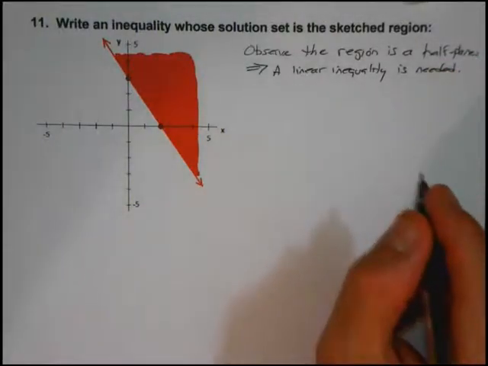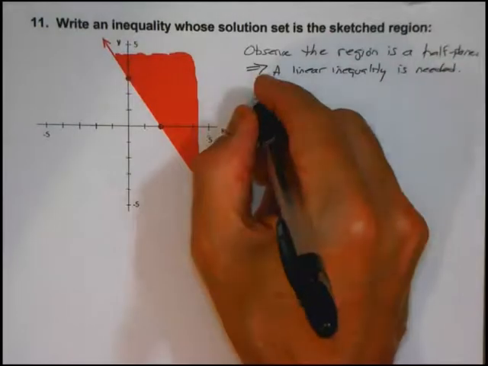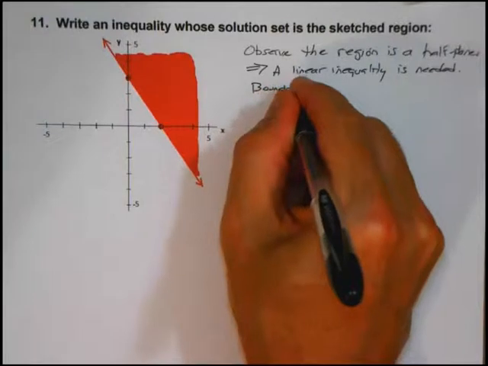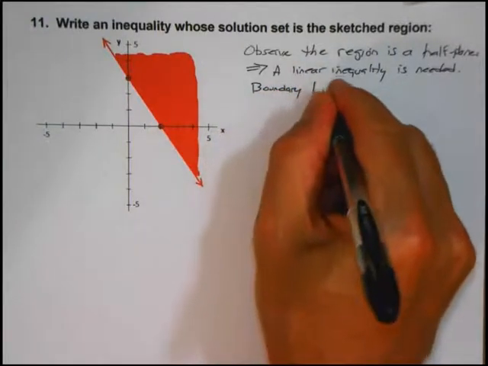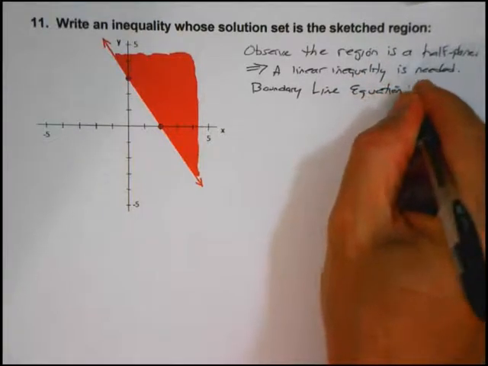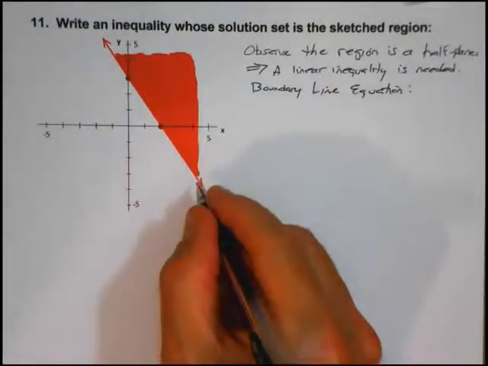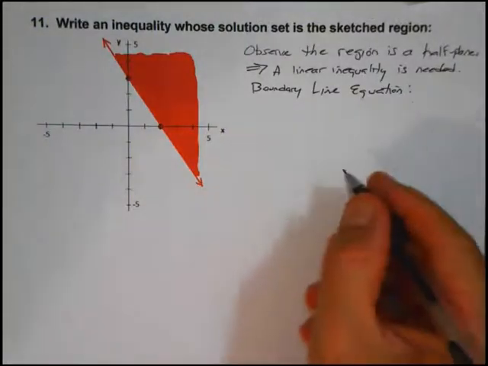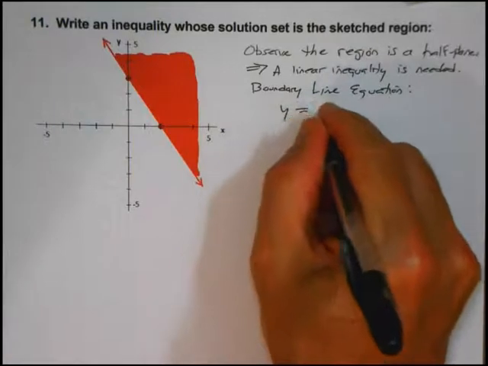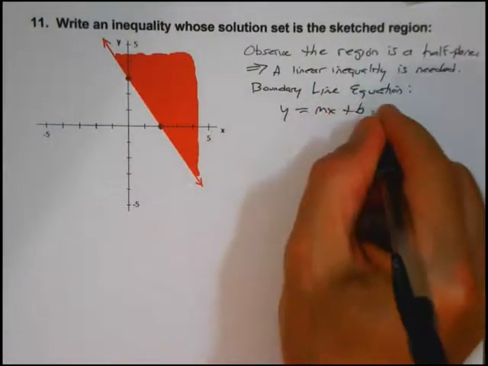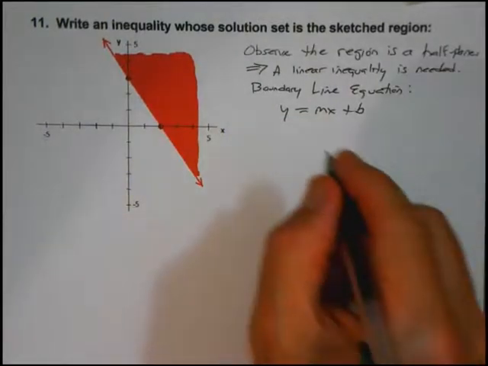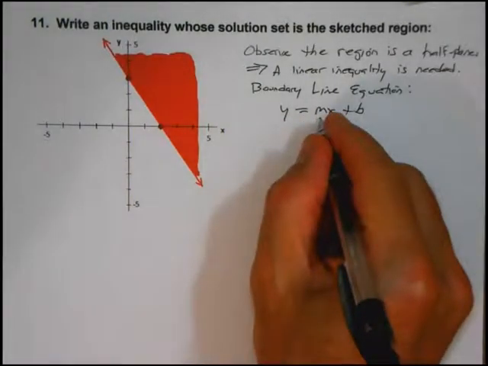Well, first thing would be getting the boundary line equation. Here's the boundary line. What about that equation? One approach you might take here is y equals mx plus b, slope-intercept form. In this case, m is the slope.